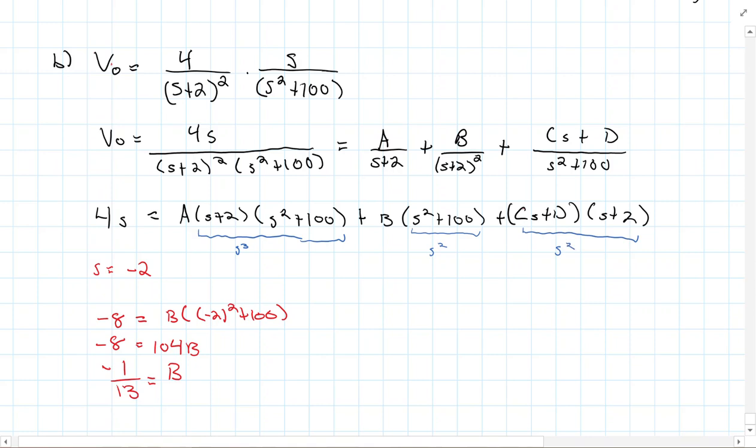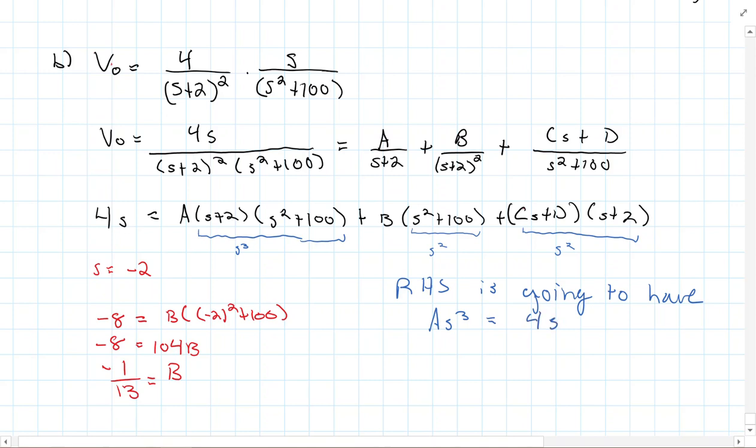So I'm going to wind up with, on the right-hand side, an A s cubed. It's going to have a lot of other stuff there, but it's going to have an A s cubed. That actually helps me figure out what A has to be, because A s cubed has to be equal to 4s.